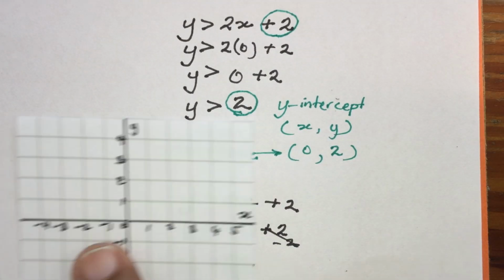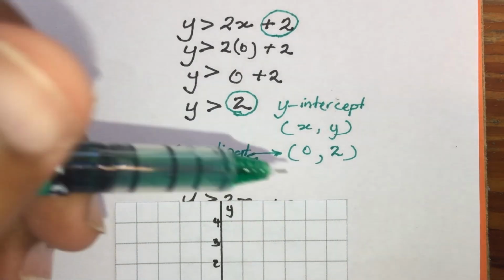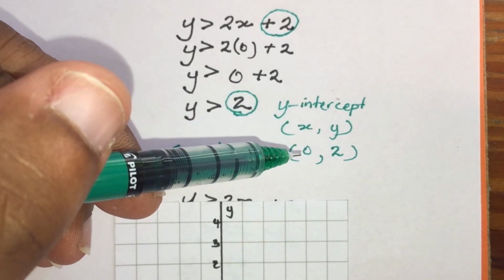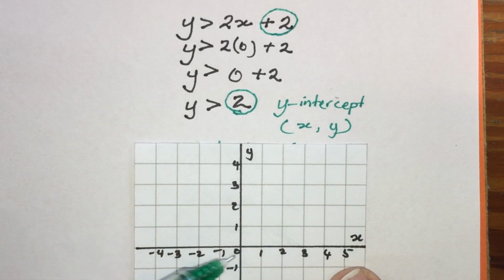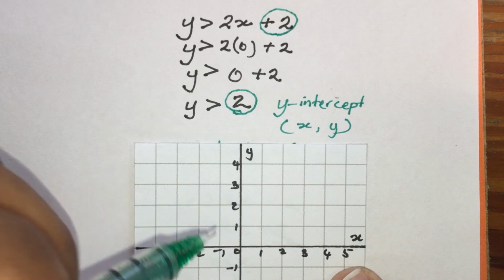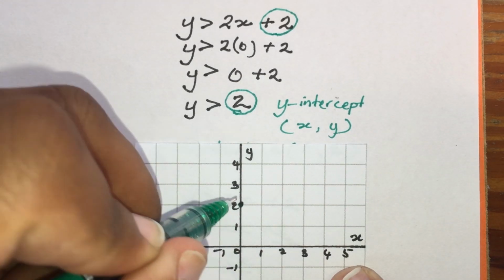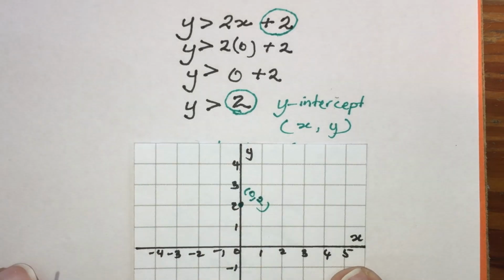So here we have our Cartesian plane, and we're going to plot the y-intercept. The coordinates for the y-intercept is (0, 2). So I need to look for 0 on the x, which is right here, and then 2 on the y, which is here, and both of them meet right here. This is the point (0, 2), the y-intercept.